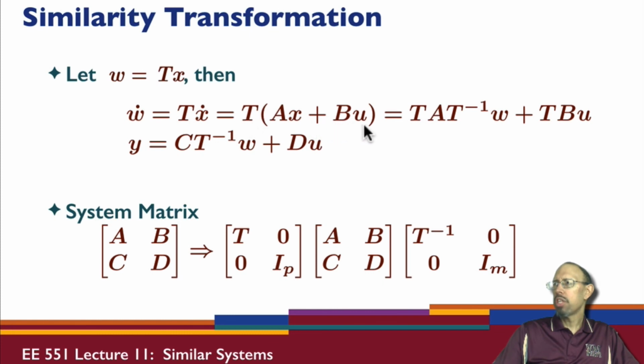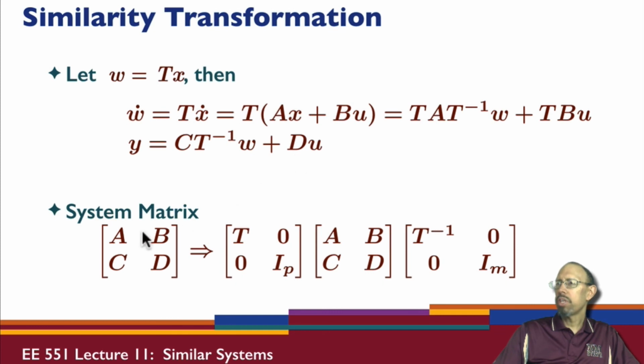I distribute T through, and I get this, where I have replaced X with T inverse times W. Likewise, Y is equal to CX plus DU, with X equal to T inverse times W. The new state model now has TAT inverse, TB, CT inverse, and D as its state model.